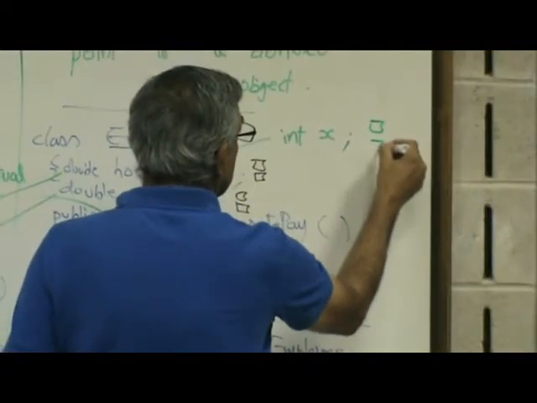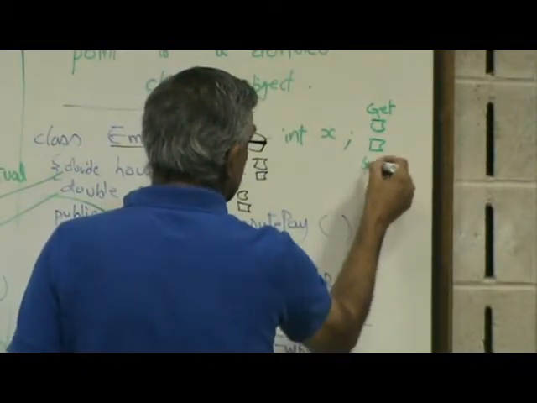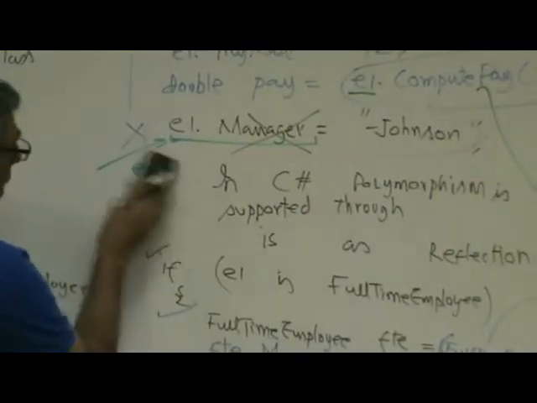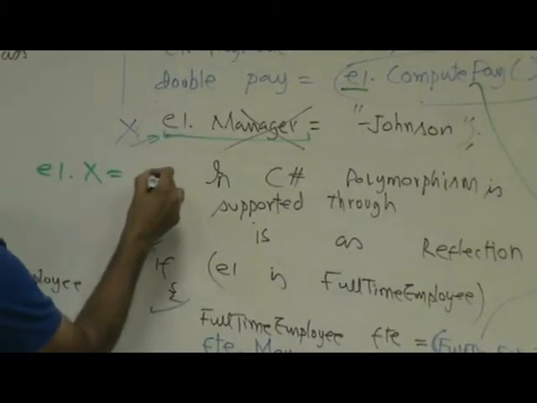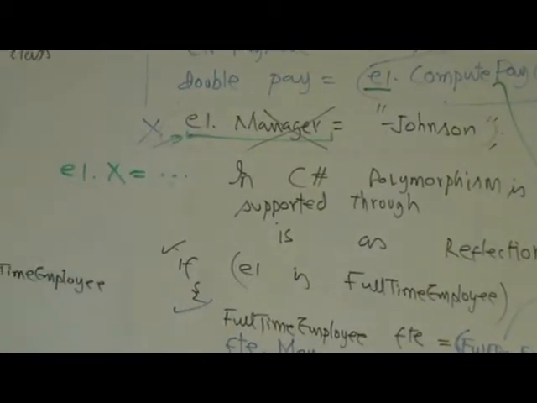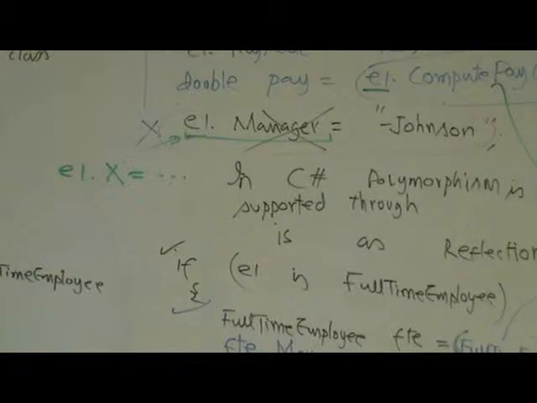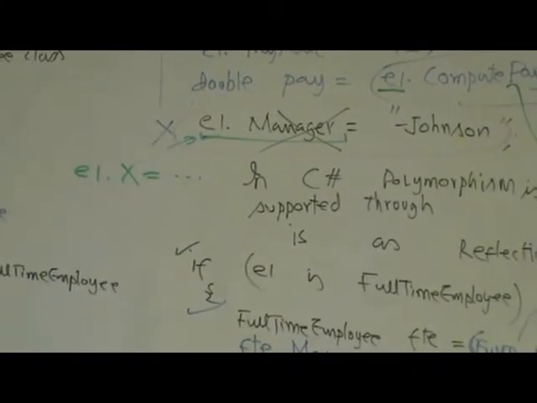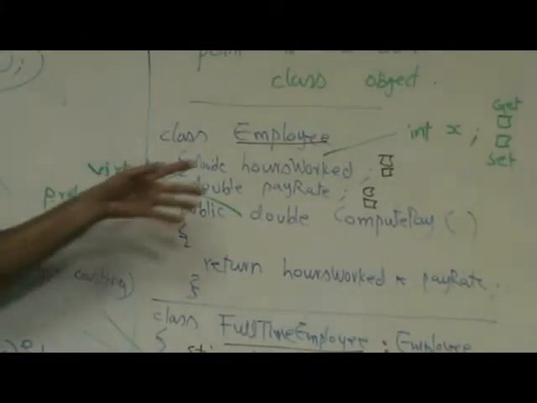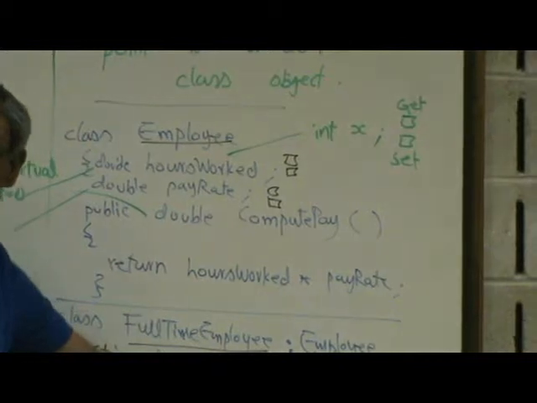If the get and set is there, we'll say E1.X equal to something, so it will perfectly work. But there is no entry for x in the heap area. See, in that case, like I said, once we do the inheritance, the X is also inherited.